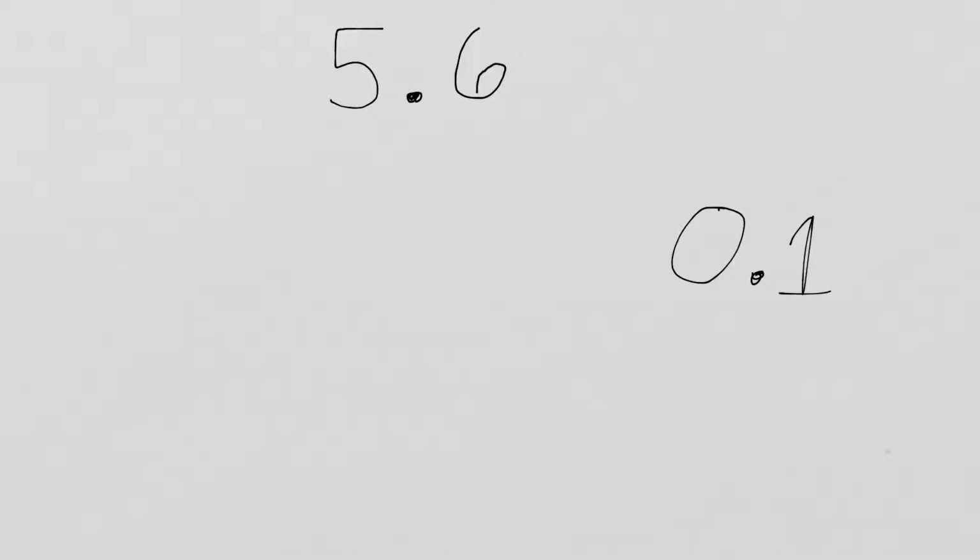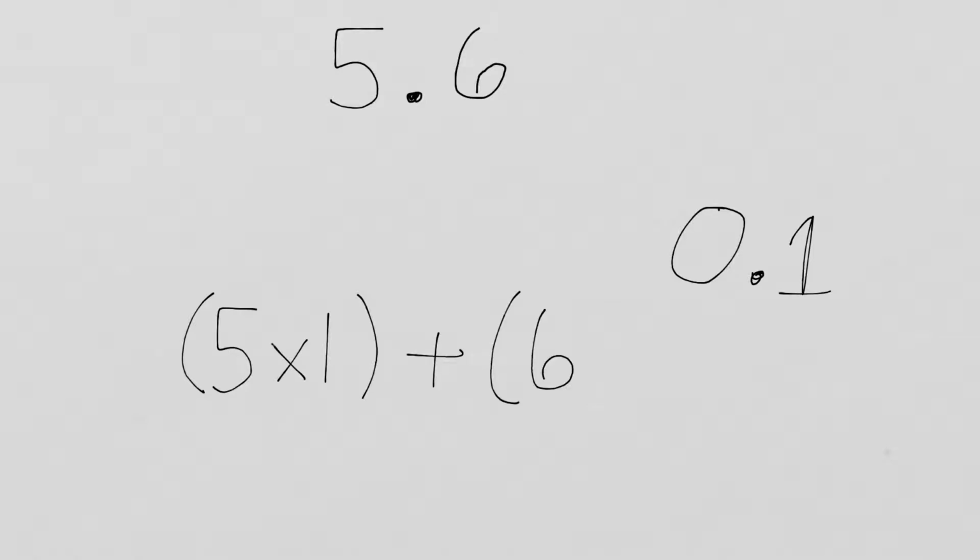So take a look. We have 5 times 1 plus 6 times 1/10. Now, pause the video for a moment and see if you can figure out why 5 times 1 is here and why 6 times 1/10 is here.